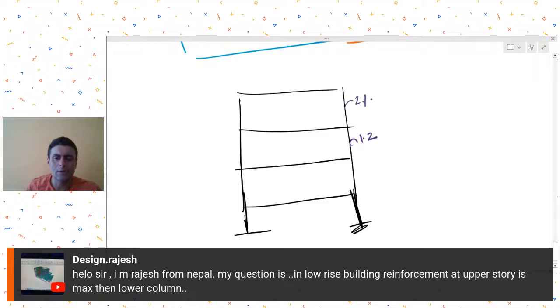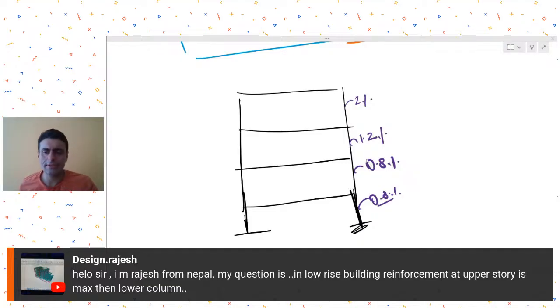This is counterintuitive to what we generally expect, because we expect that as the column load increases as you move towards the footing, the reinforcement percentage should also increase. But this type of behavior is counterintuitive to our understanding. So why does this happen?